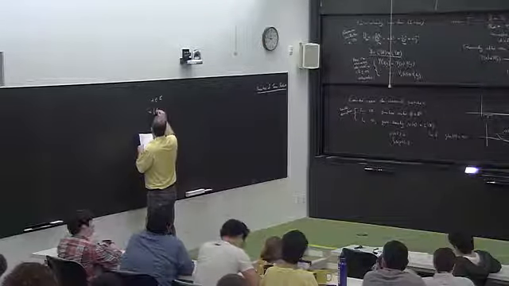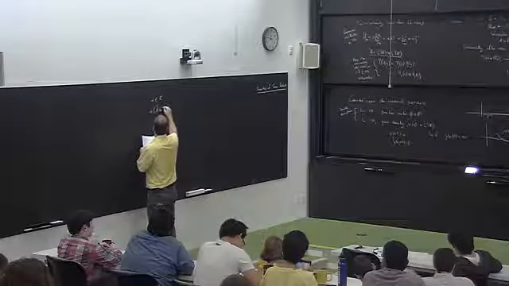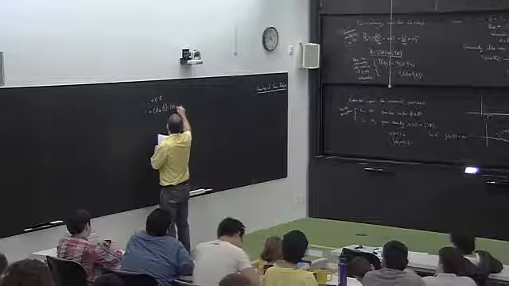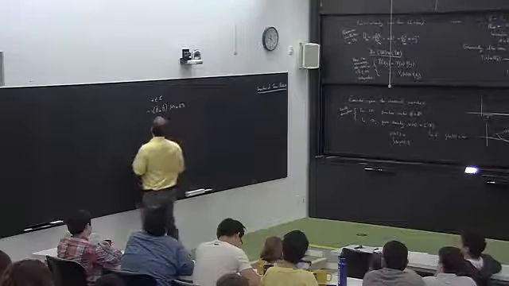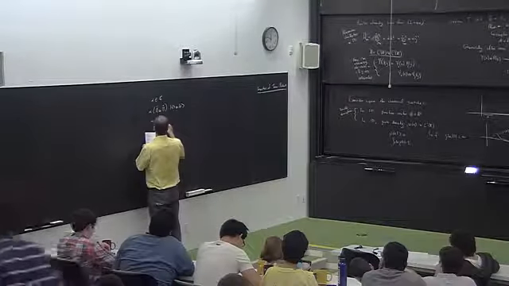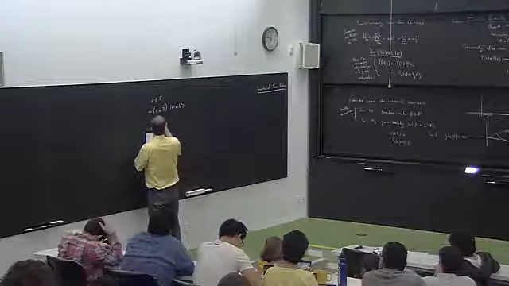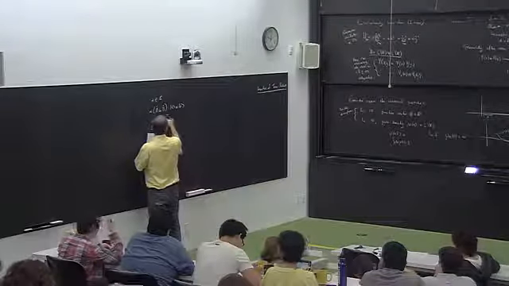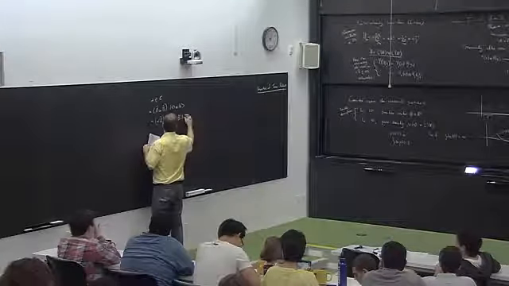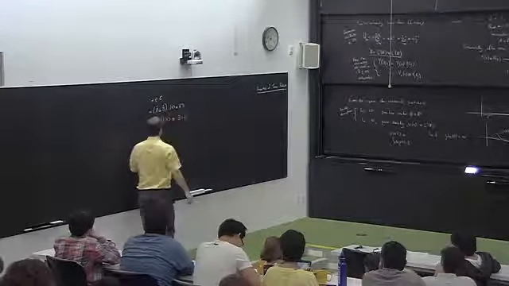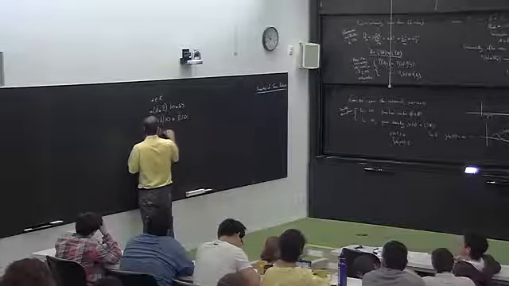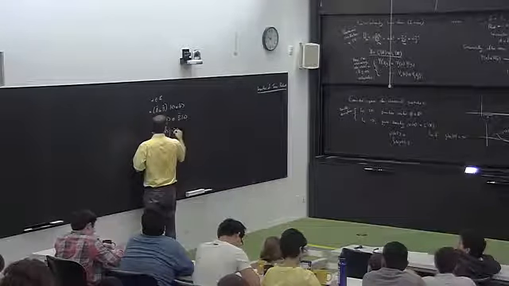Then you have the following: A tensor B acting on psi tensor phi is equal to alpha times A acting on psi cross B acting on phi. And then I can also just put the scalar anywhere I want. I could put the scalar over here.